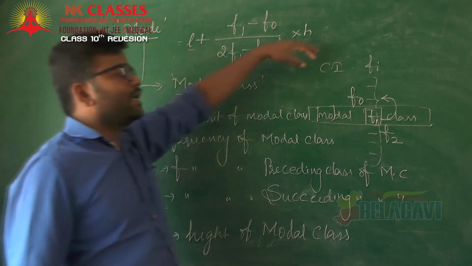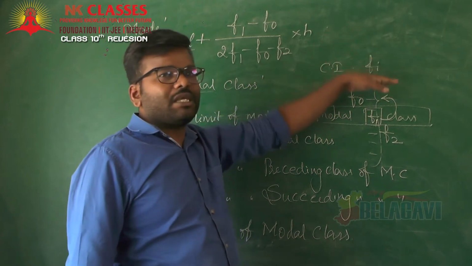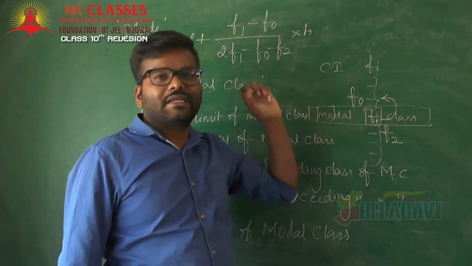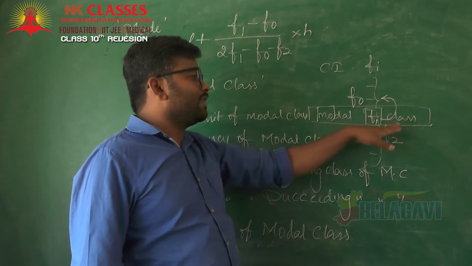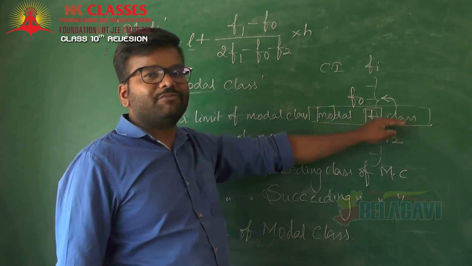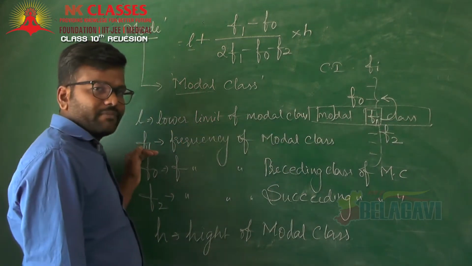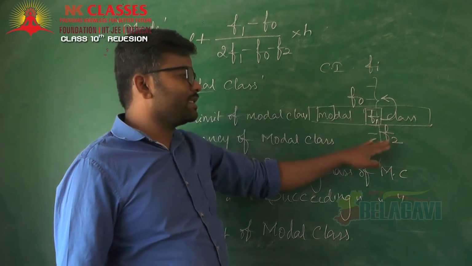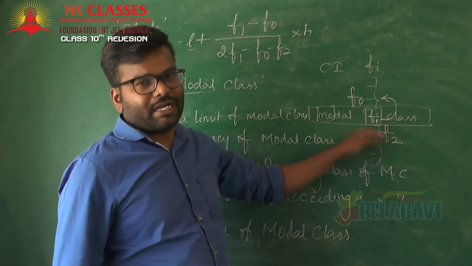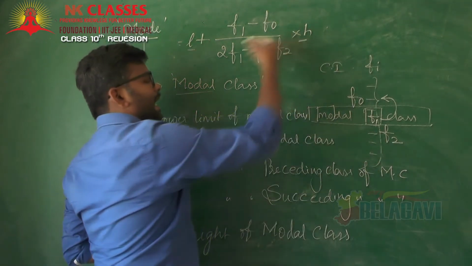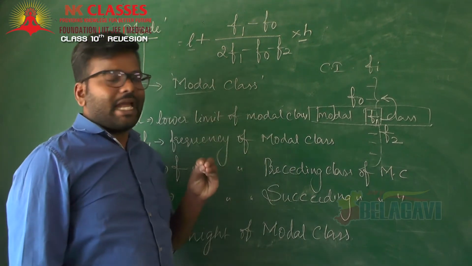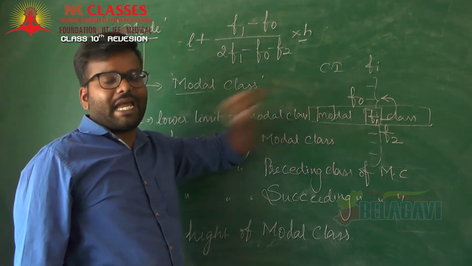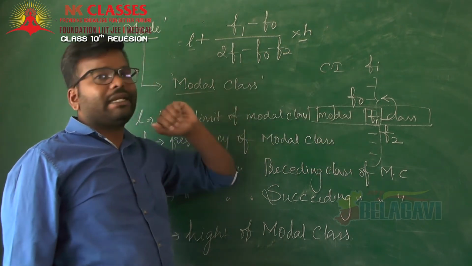The class interval whose frequency is highest is called the modal class, and its corresponding frequency is F1. F0 is the frequency preceding the modal class, F2 is the frequency succeeding the modal class, and H is the height of the modal class. Please make sure that the class intervals are all inclusive type and have the same height to calculate the mode.